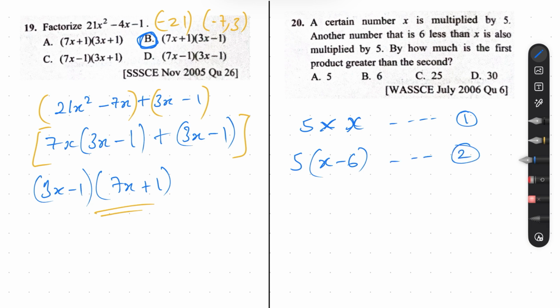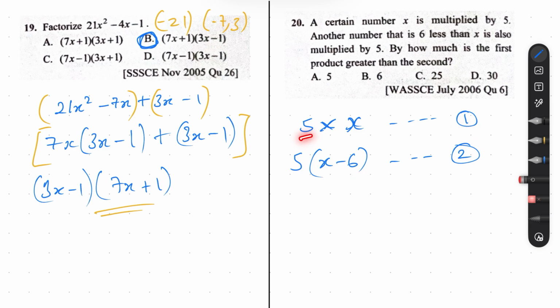It says, by how much is the first product greater than the second? So what they want us to do is find the difference between the two. So we subtract the second product from the first product.